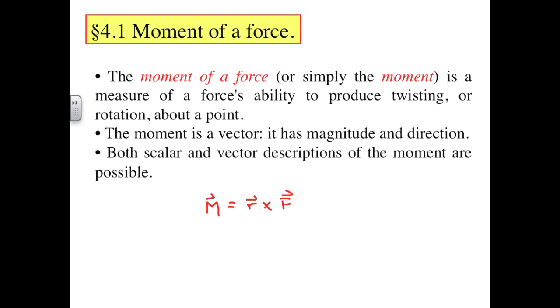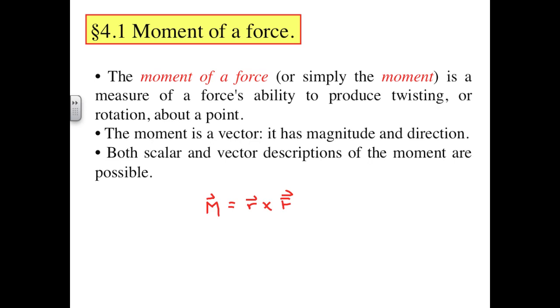Given the anti-commutative nature of the cross product, it is critical that the position vector appear first in the cross product operation. And because it is defined from a cross product, the moment is a vector. That said, there are some instances where we can use something called the scalar approach to find the magnitude of the cross product without actually using the cross product operation.